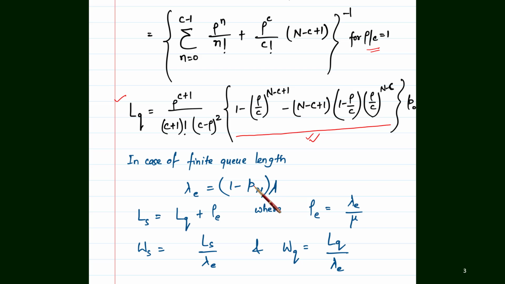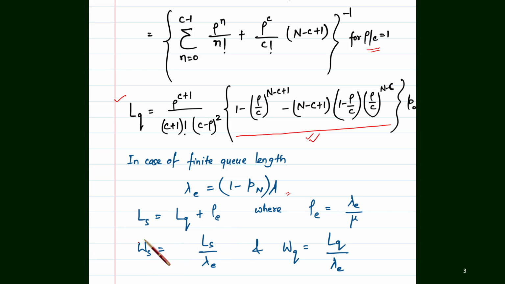So this is the probability that the person will not join the system. Are you getting? So that's why the effective lambda will be this much. We put it here, rho E is lambda E by mu. So Ls will be equal to Lq plus lambda E by mu.